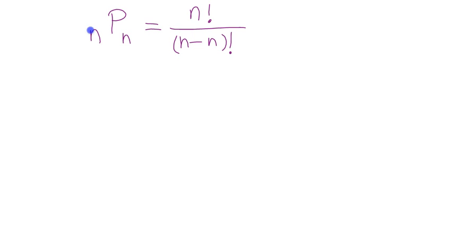If I want to arrange all 5 objects, what's that equal to? In factorial notation, 5P5, or I want to arrange 5 objects, that's 5 factorial, right? So that means that 5P5 must have to be equal to 5 factorial, because this is going to be equal to n factorial over 0 factorial, which means that 0 factorial must be 1.